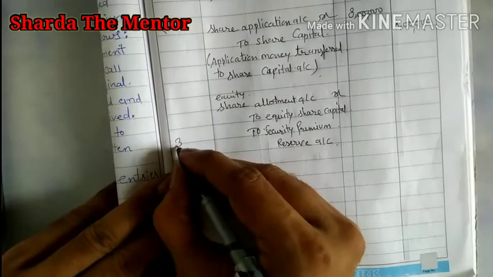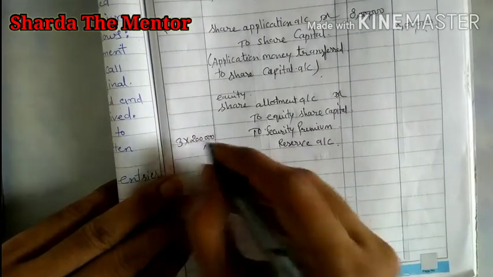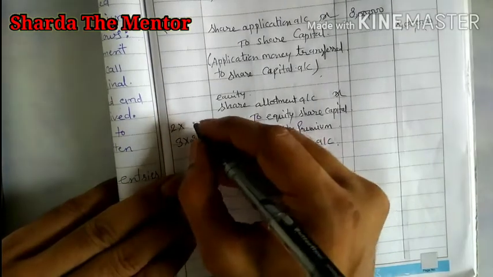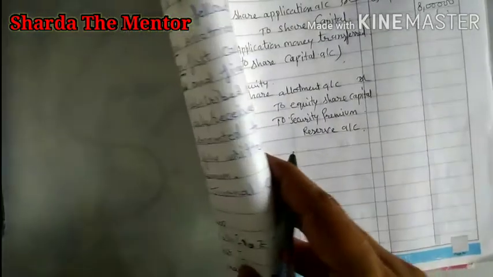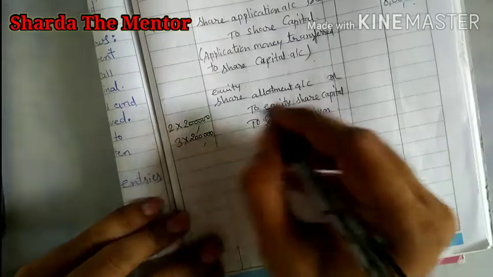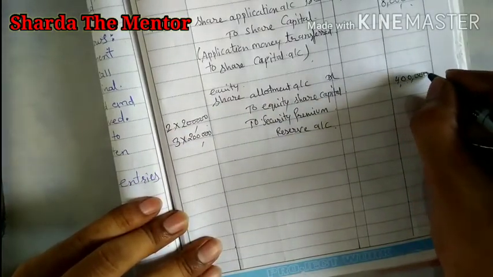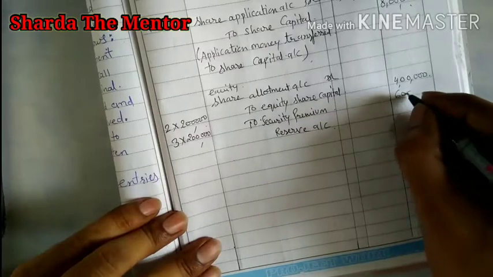So 3 rupees is the premium amount on 2 lakh shares. Then the remaining 2 rupees, because the allotment value is 5. So 2 multiplied by 2 lakh will be 4 lakh rupees, and the premium is 6 lakh.